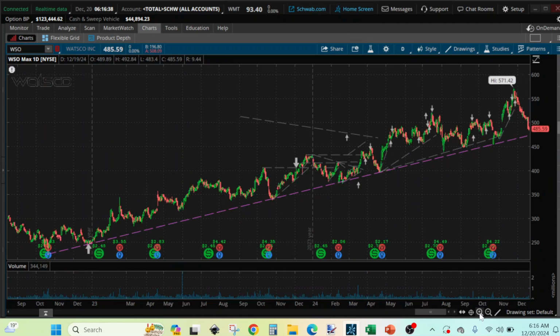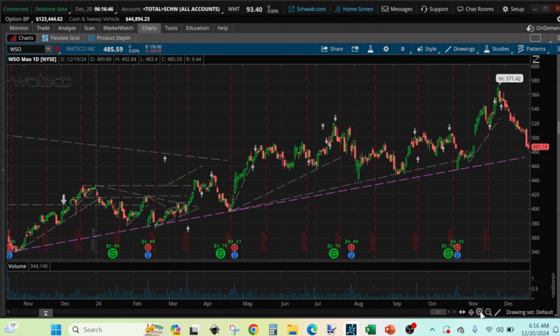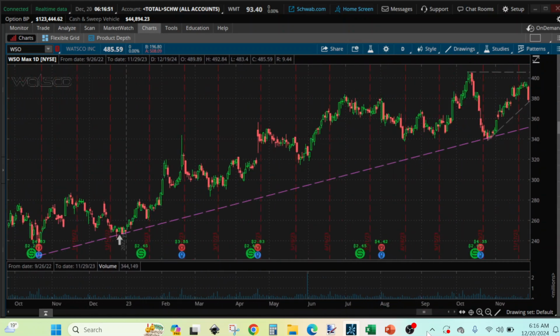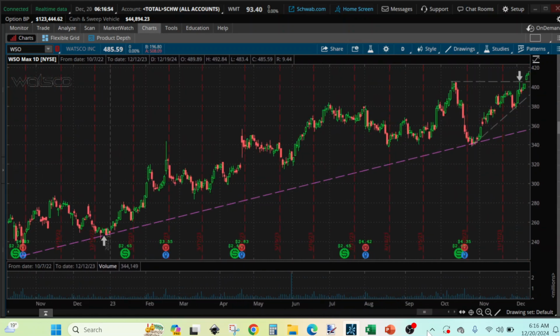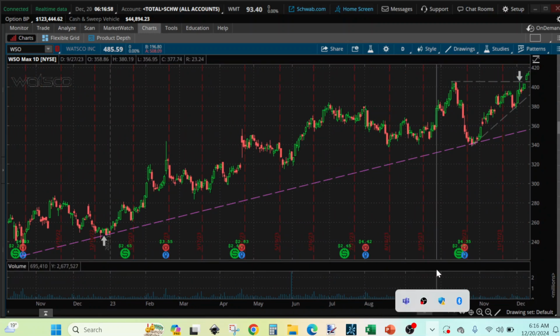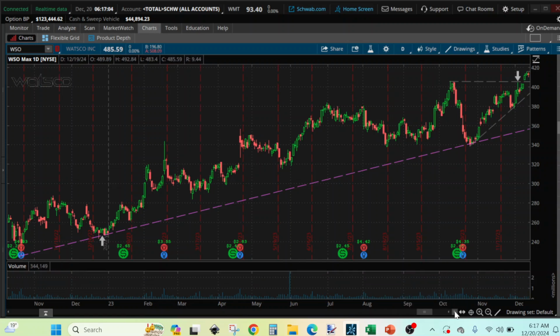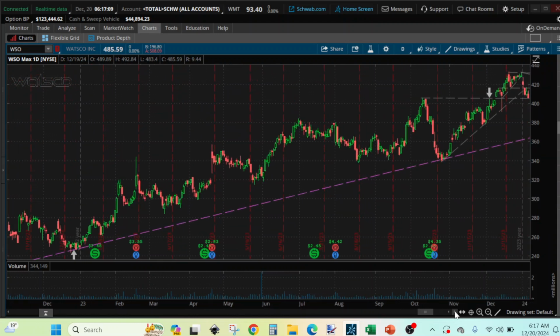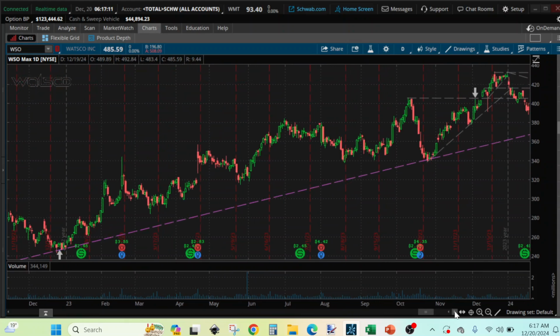Let's zoom and zoom again and move it. I have 2023 at the bottom, so pretty much here 2022, 2024.